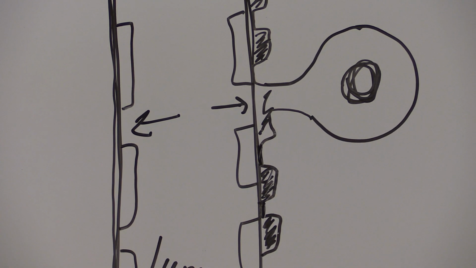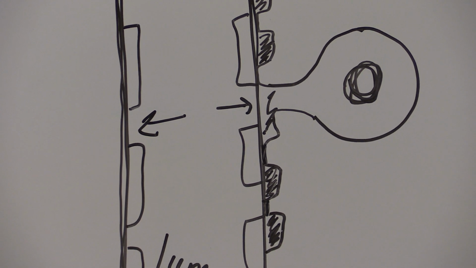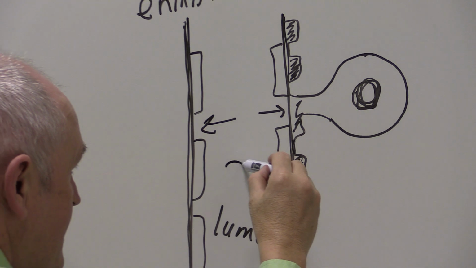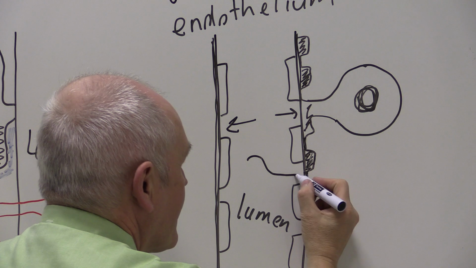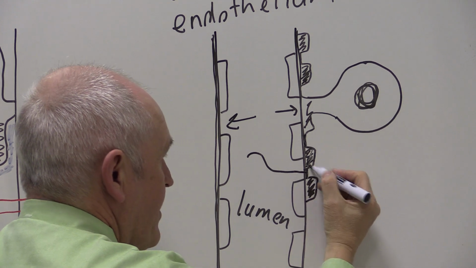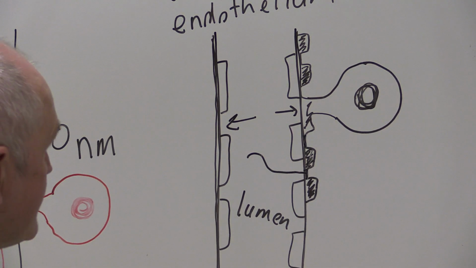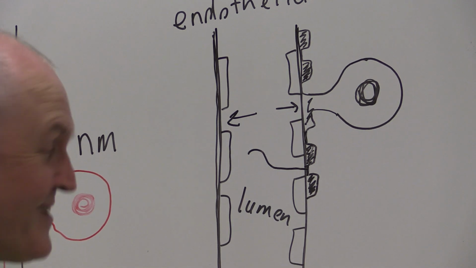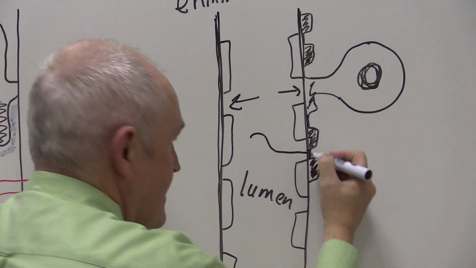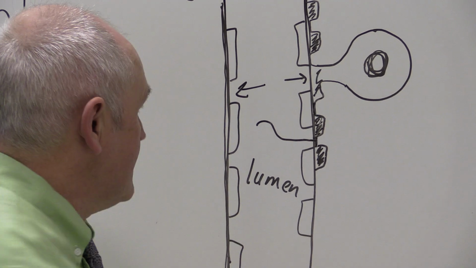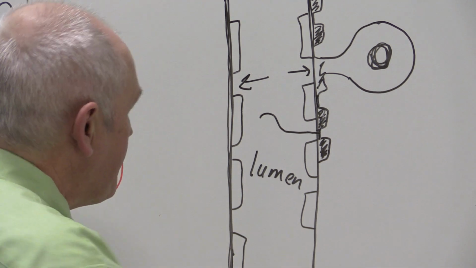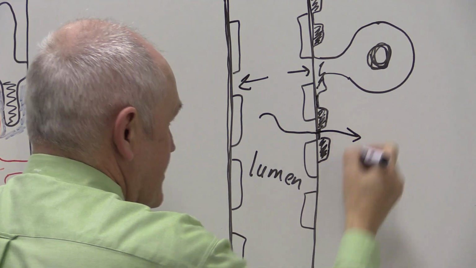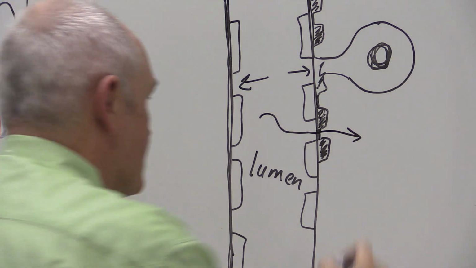So for the process of ultrafiltration to take place, the ultrafiltrate has got to go from the lumen of the capillary, through one of the fenestrations, through the small gap between the pedicels of the podocyte, through the filtration slit, and the filtration slits have this filtration membrane, has to go through there, and only then does it get into the glomerular space.